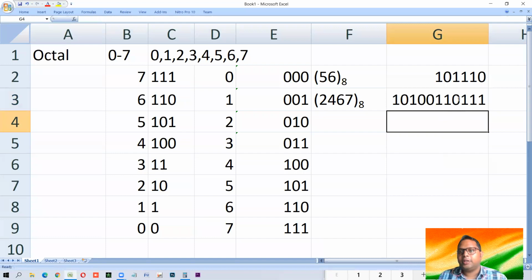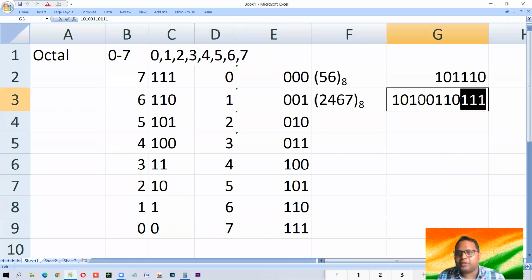You need to make groups of 3 bits. So this is the first 3 bits, next 3 bits, another 3 bits, and this contains only 2 bits, so the third bit may be 0. Now write the binary of this. You can find it from the list.